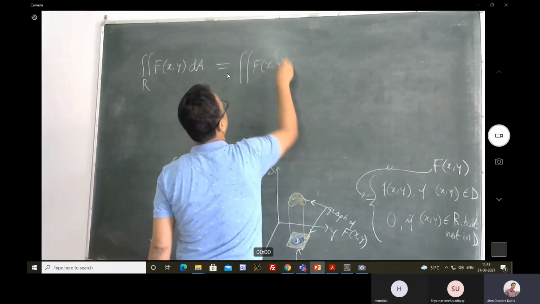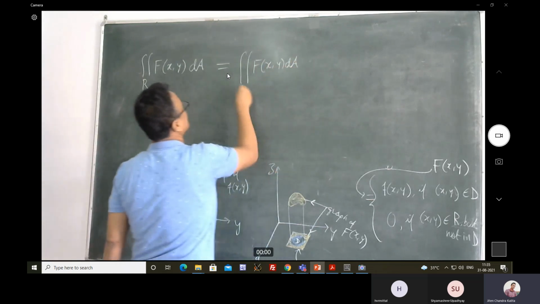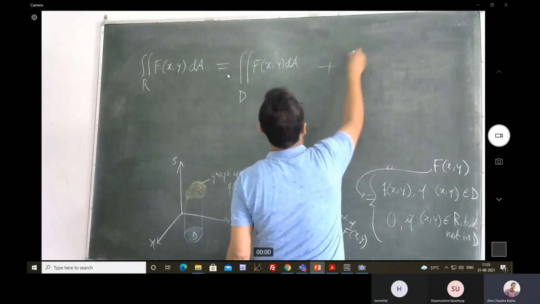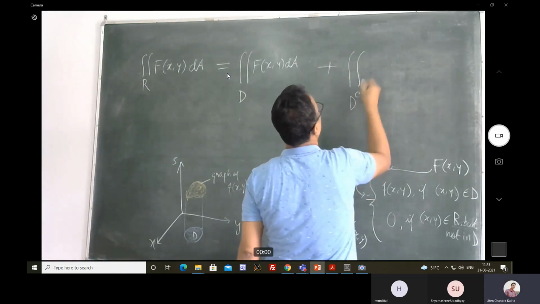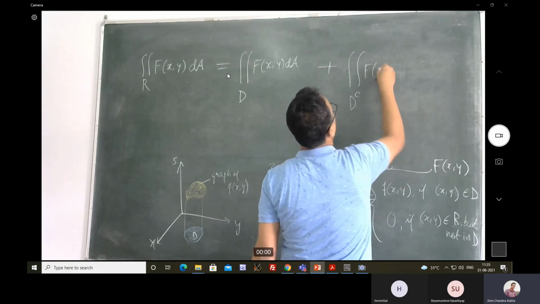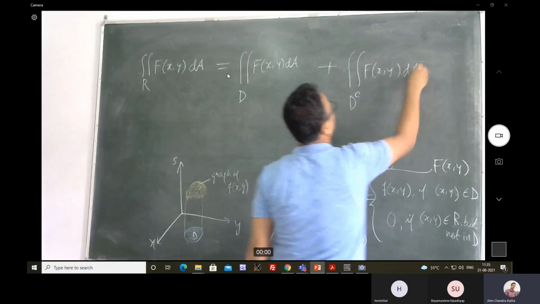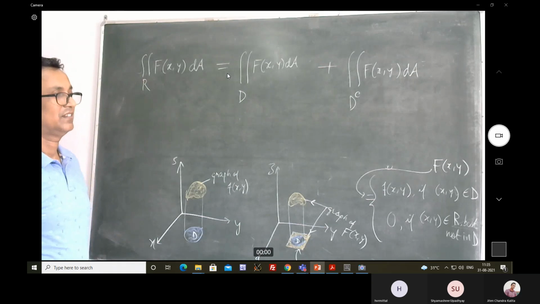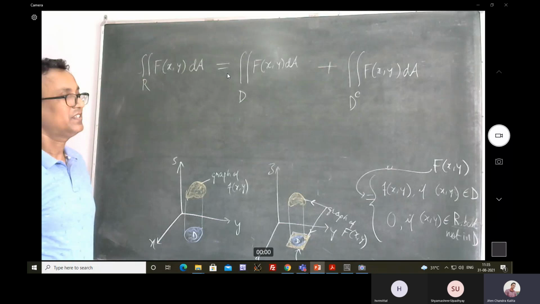Capital F of xy dA in D, plus the integral in the complement of D. Is it okay? Fine?